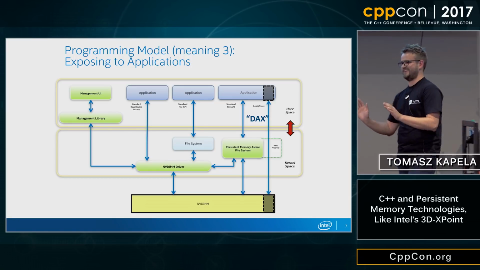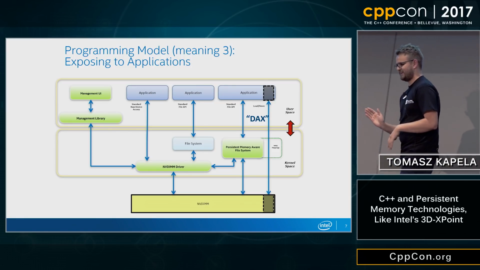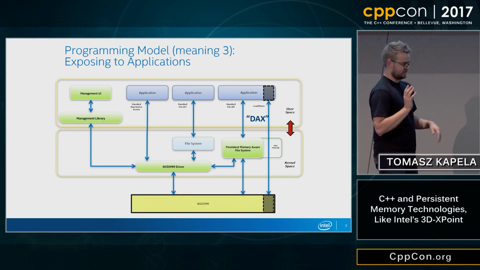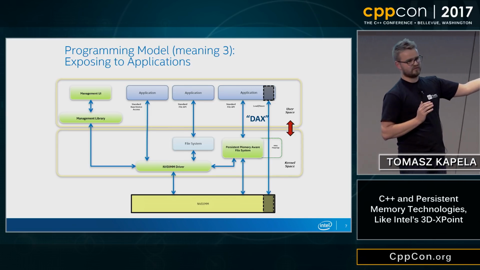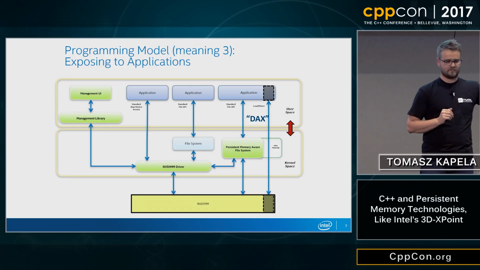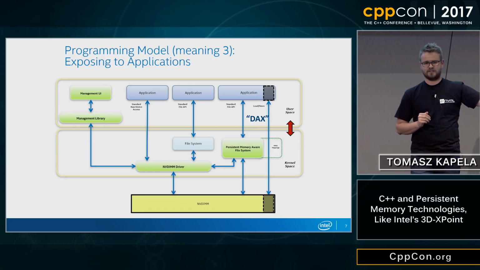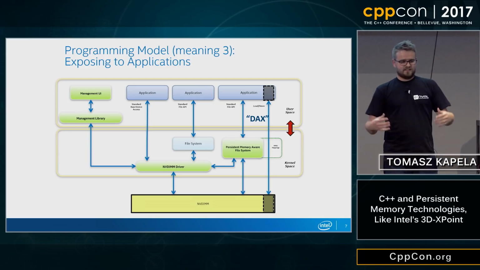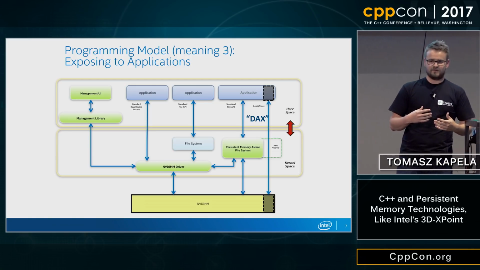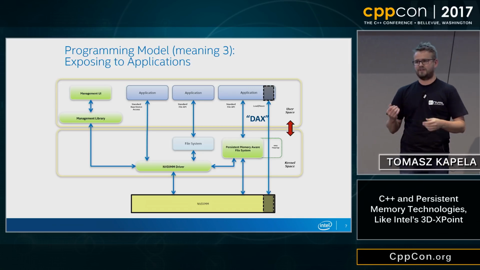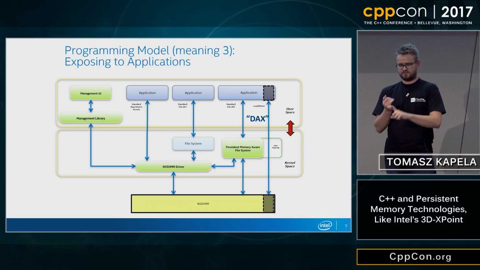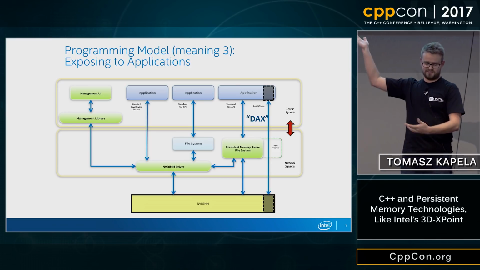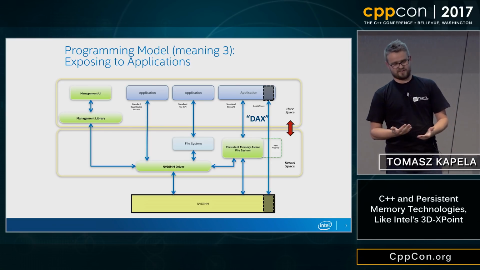So this is the mandatory slide. This is shown in every deck about persistent memory that I have seen. It depicts the programming model that was written by SNIA, which is the Storage and Networking Industry Association. There are a couple of companies which contributed to the standard, mainly Red Hat, Dell, HP, Intel, obviously, and Microsoft.